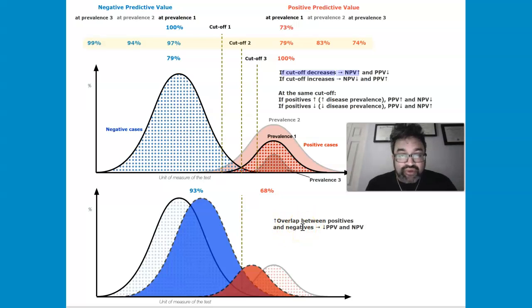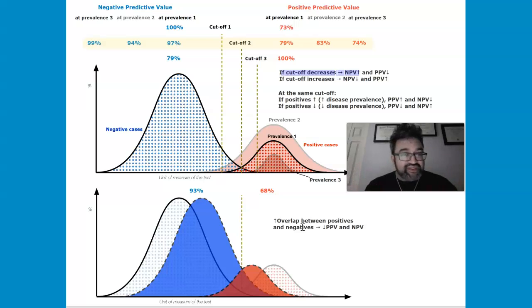It is no longer as easy to discriminate between positive and negative. What happens then is both positive and negative predictive value go down. You're not able to distinguish these cases in an effective and accurate manner as you were before.